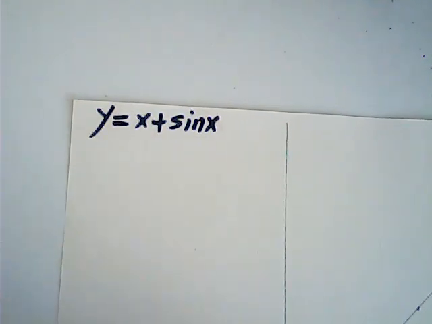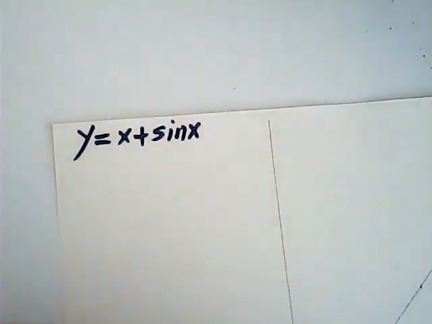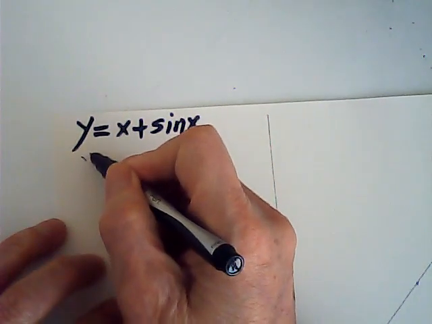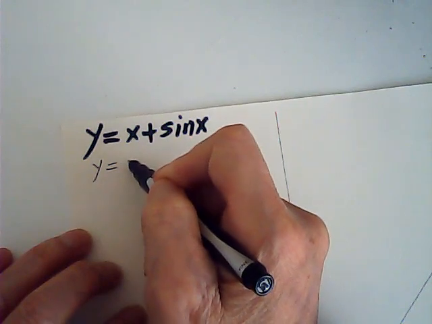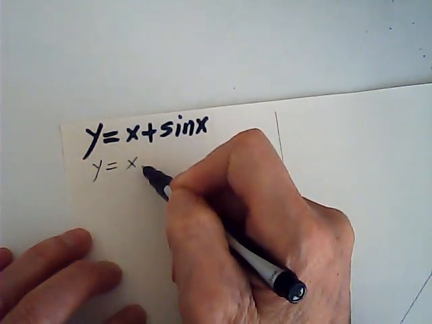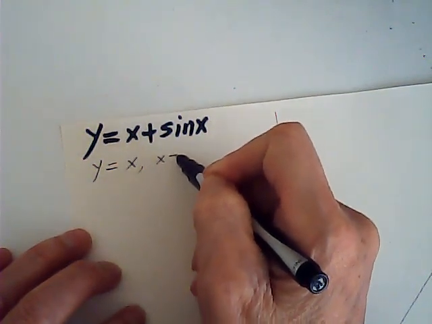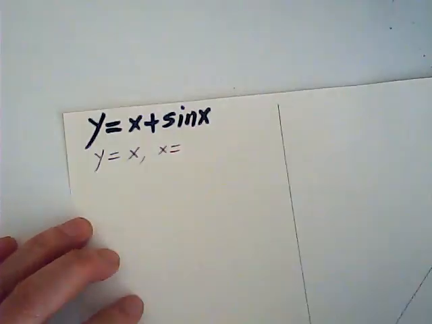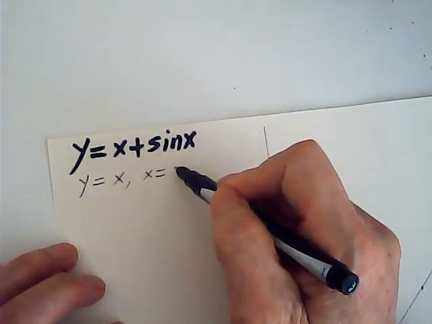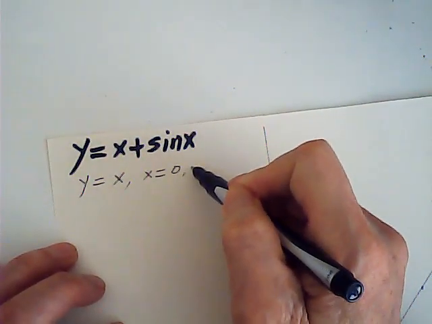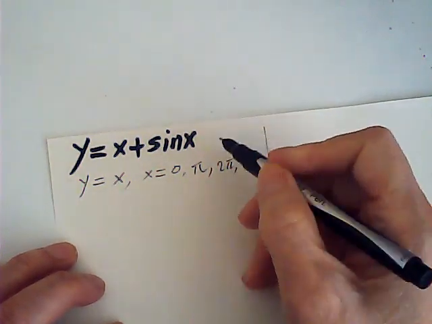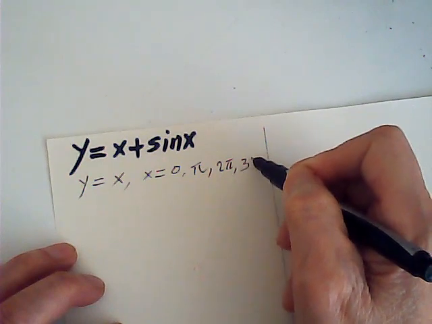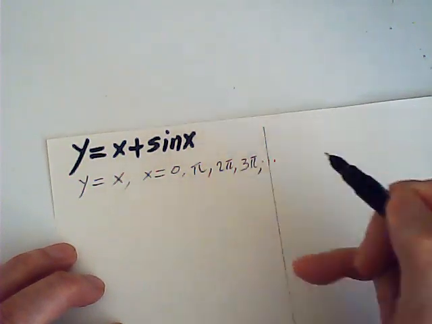And let's see first, y is equal to x at those points, where x is 0, pi, 2 pi, 3 pi, and so on.